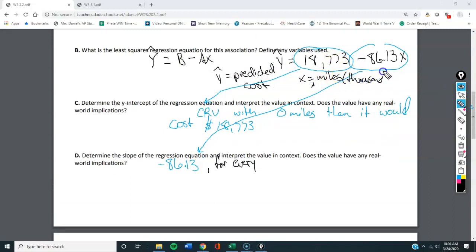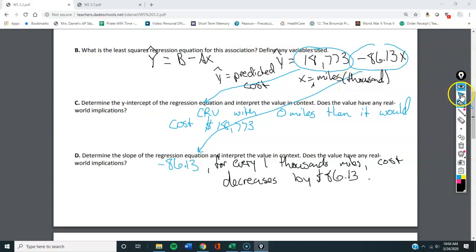For every 1,000 miles driven, cost decreases by $86.13, right? Does this have any real world implications? Yeah. For every 1,000 miles you drive, the value of your car drops by $86. Okay, so that's 100% real world application. All right.